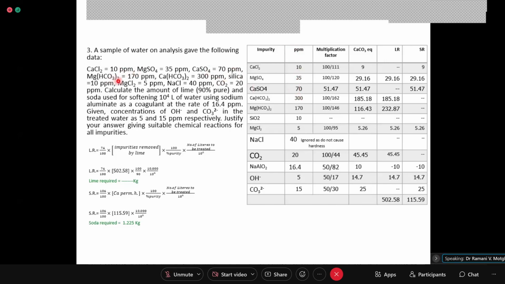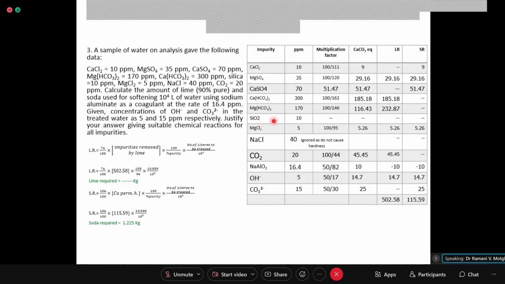Then magnesium bicarbonate. Magnesium bicarbonate should have come first. Anyway, like first calcium carbonate is written here, and then the magnesium carbonate is written. Okay, magnesium carbonate 170 and calcium bicarbonate 300 ppm. Then it says that there is silica SiO2.